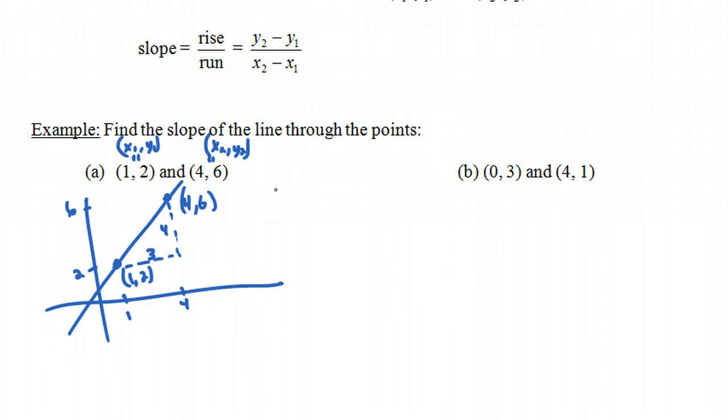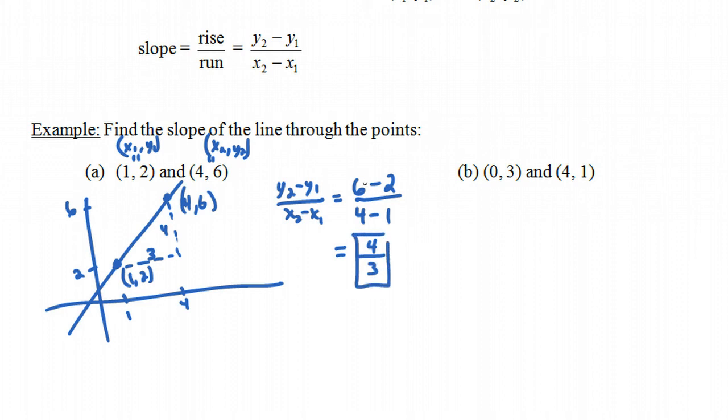If we do (y2 minus y1) over (x2 minus x1), what we're going to get is, well, the y2 is 6, the y1 is 2, the x2 is 4, and the x1 is 1. So what we end up with is 6 minus 2, which is 4, over 4 minus 1, which is 3. You notice this 6 minus 2 was this distance here, and the 4 minus 1 is this distance here. We had a slope of 4/3.